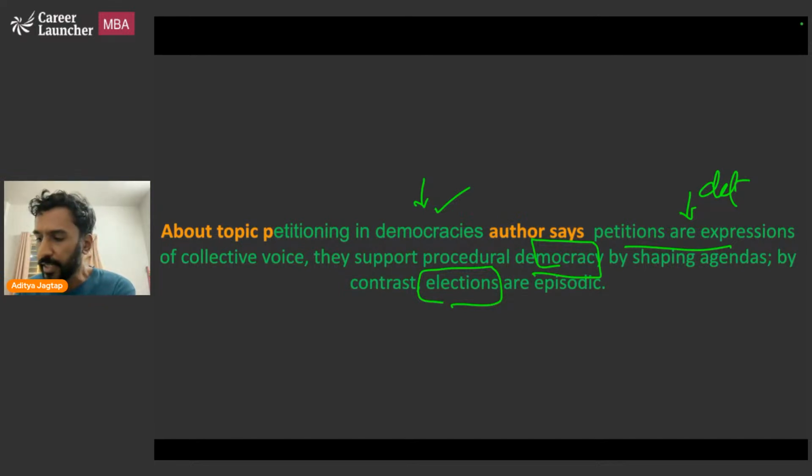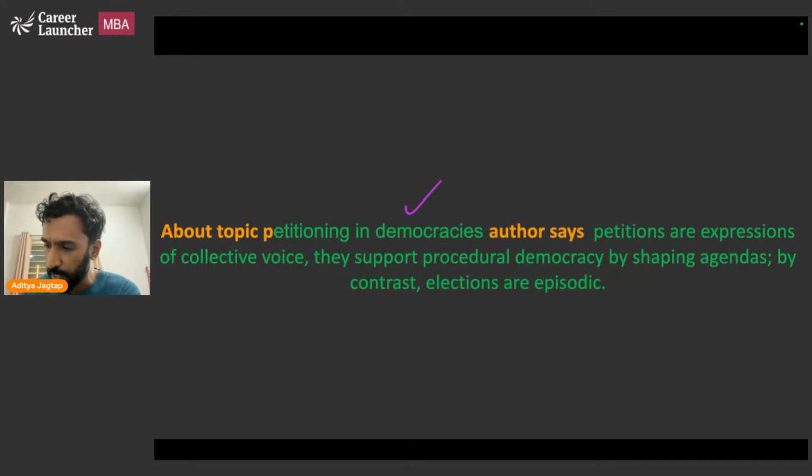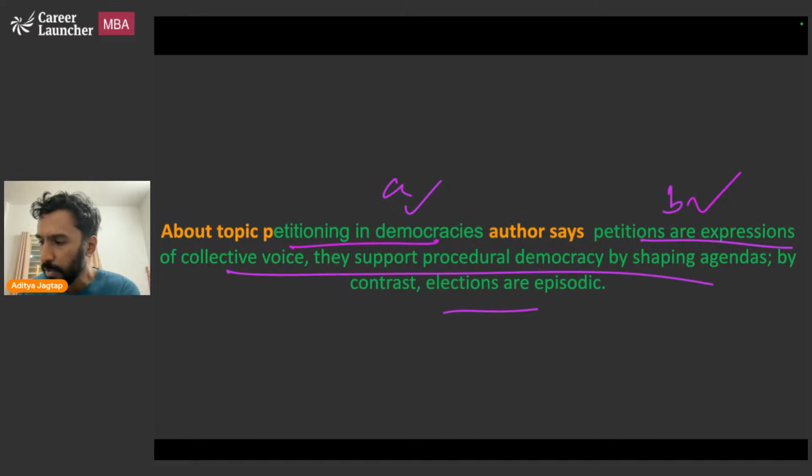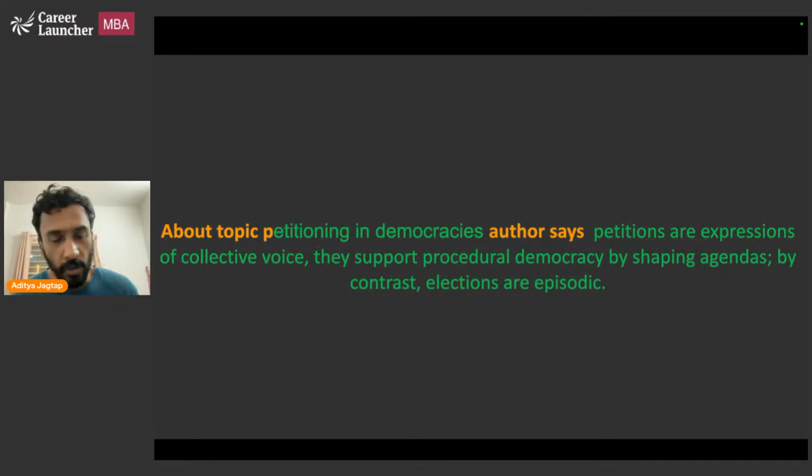We figured out that there is a main point given by the author, right? The main point here is recorded in both these words marked in green. If you put these words together, you'll get the main point of the author, right? So we figured out the main point of the author, and this was the skill needed for the para summary question.